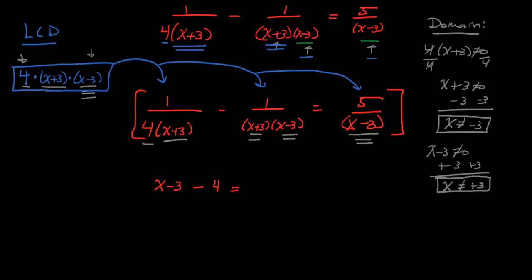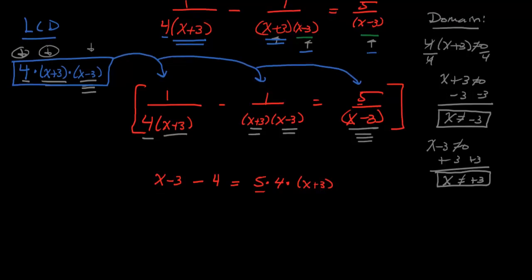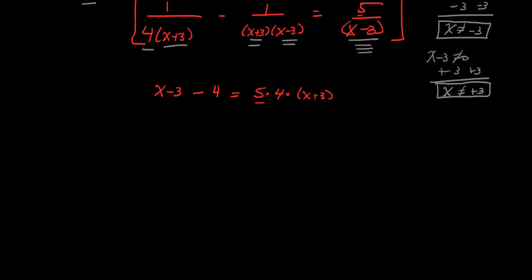That'll cancel with this x minus 3. And we're going to be left with the 4 and this x plus 3. And we will have 5 times 4 times x plus 3. This 5 comes directly down. Then we have the 4 and the x plus 3 from our least common denominator. And now we've eliminated our denominators, and we can go ahead and solve.